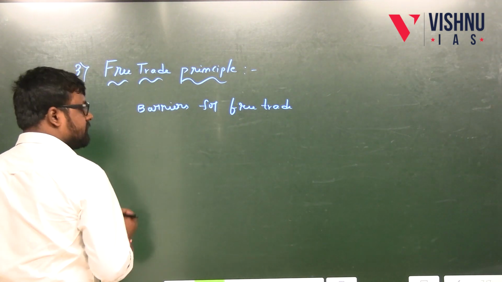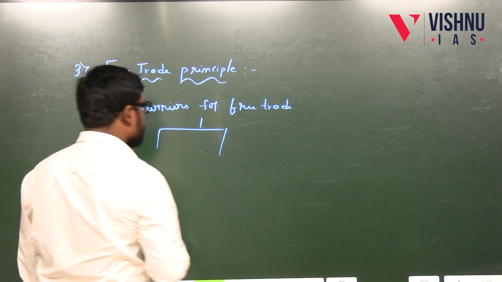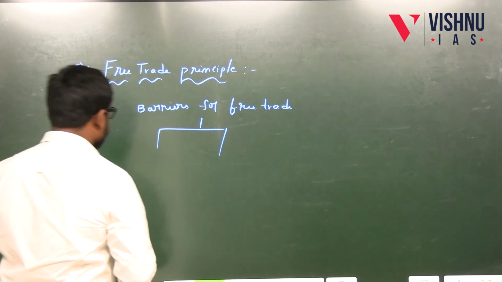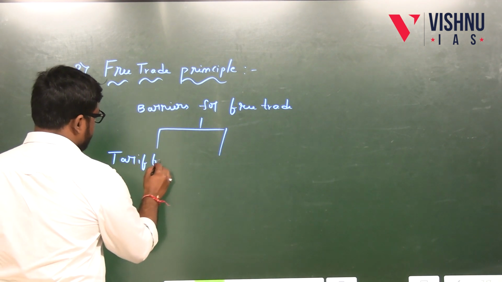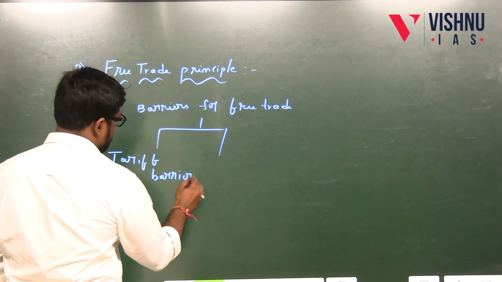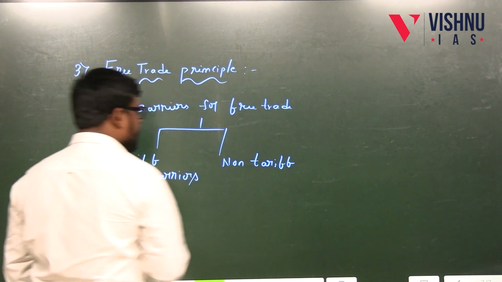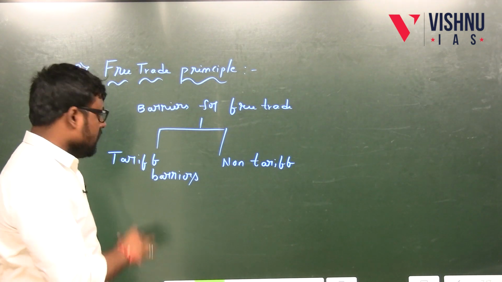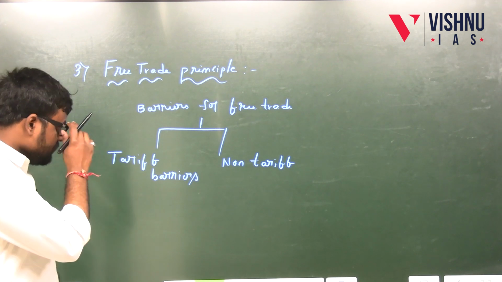So, what are the different types of barriers here? We can say tariff barriers and non-tariff barriers. So, these are the two types of trade barriers, right?